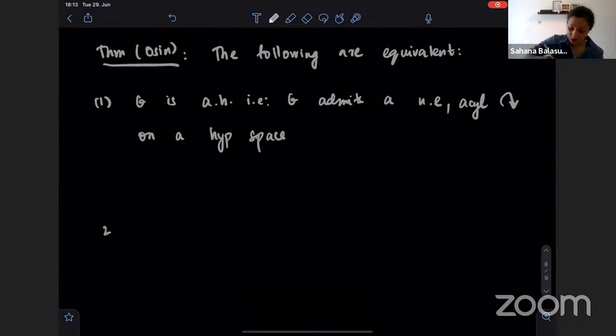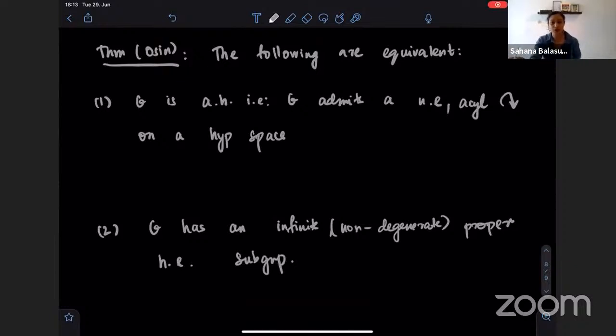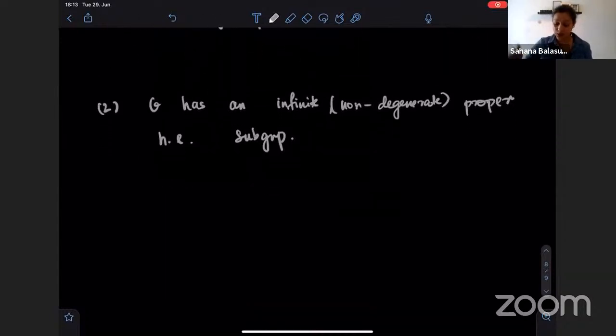The second criterion is that G has an infinite, non-degenerate, proper, hyperbolically embedded subgroup. So the presence of these infinite proper hyperbolically embedded subgroups is an immediate marker of acylindrical hyperbolicity.